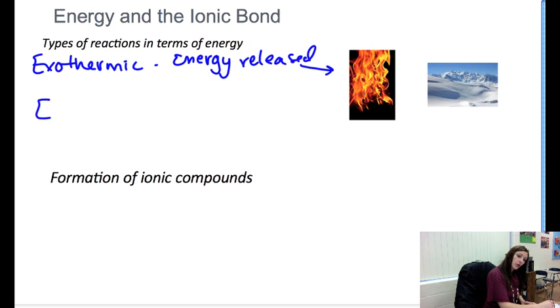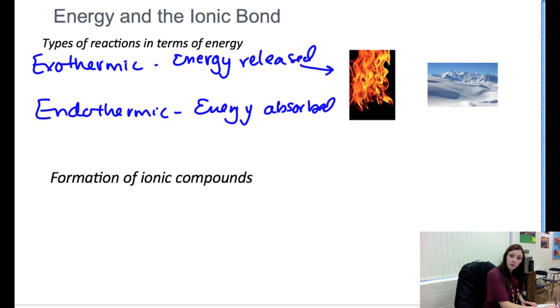And then we have endothermic, which is where energy is absorbed, and these are the ones that are going to feel cold. I'm going to look more at these types of reactions later on in the year, but for right now we're just going to look at the exothermic part.